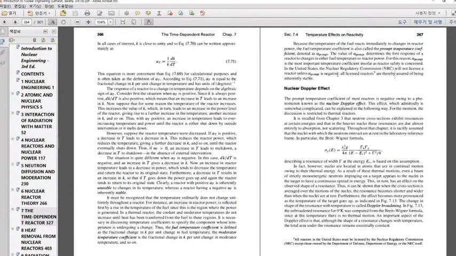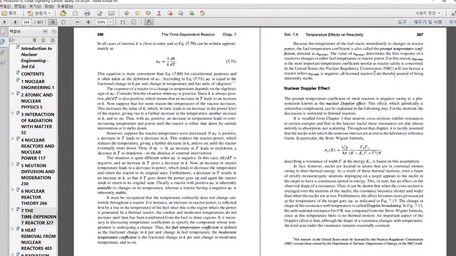In other words, all licensed reactors, all the reactors allowed to be built in the United States and also in Korea, our regulatory body also imposes the same requirement for the design of nuclear reactors.